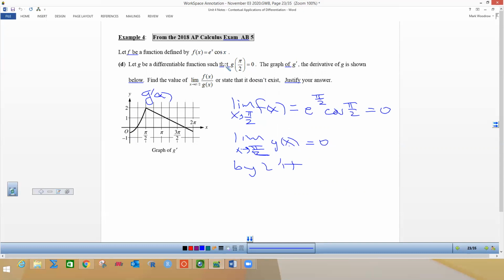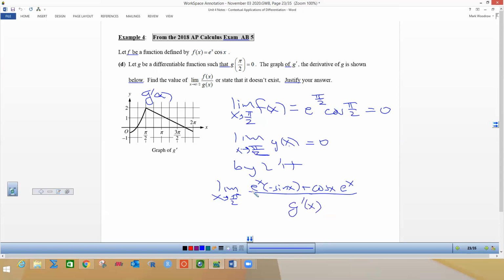So now we're going to do the derivative of this thing, which is product rule again. And we're going to keep the limit as x approaches pi over 2 again. And then we do the product rule up here. So it's first times derivative of the second plus the second times derivative of the first, all over the derivative of the bottom part, which is g prime of x.